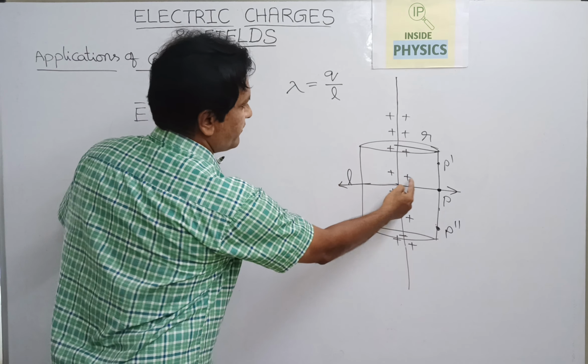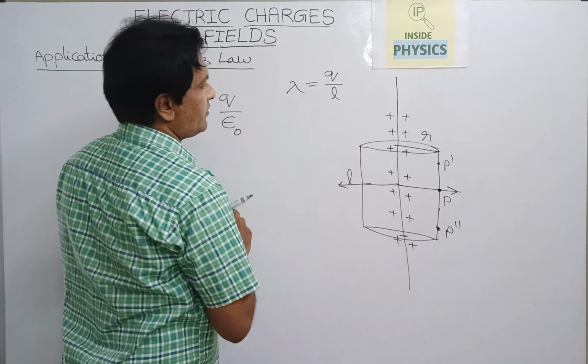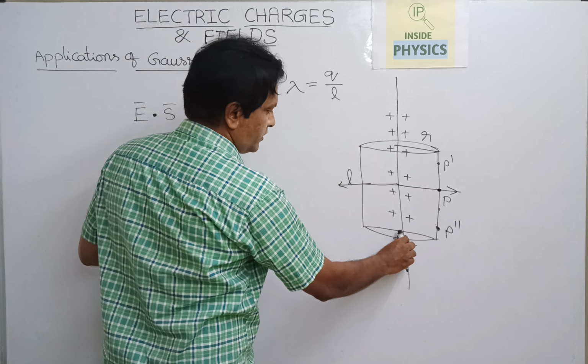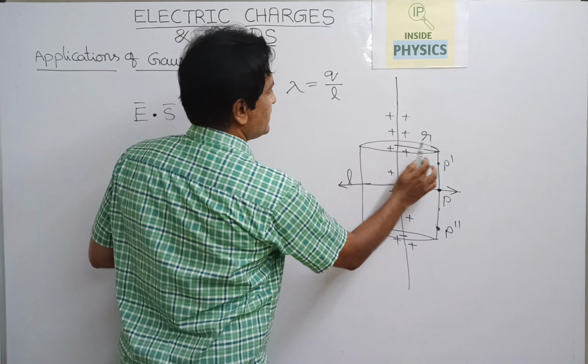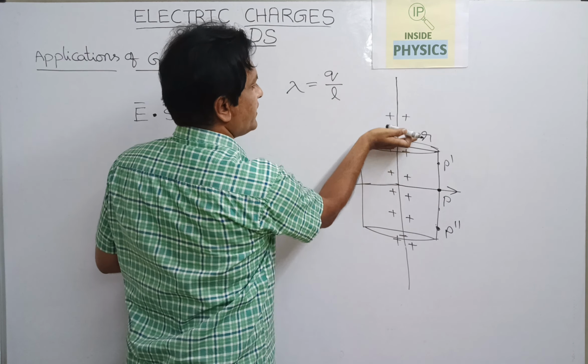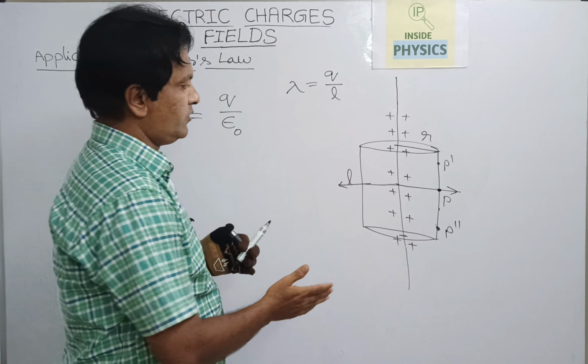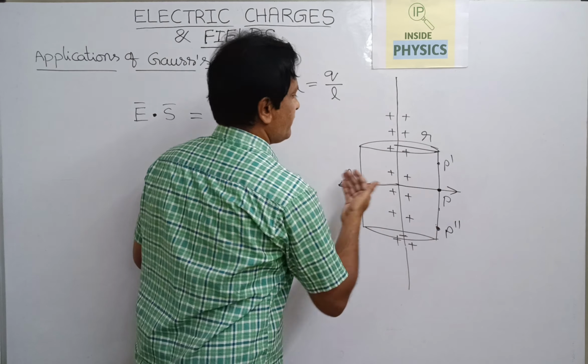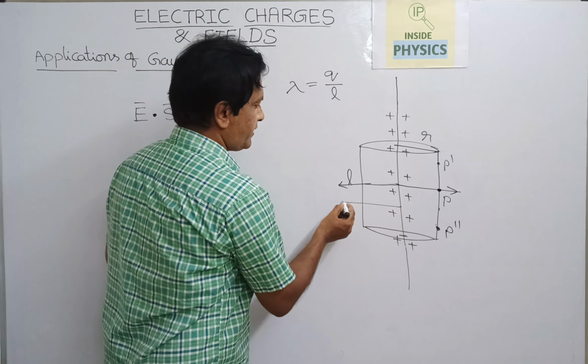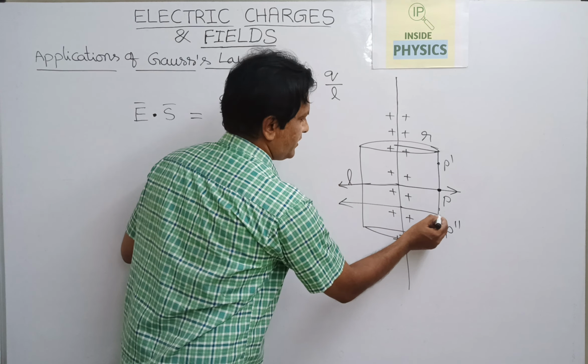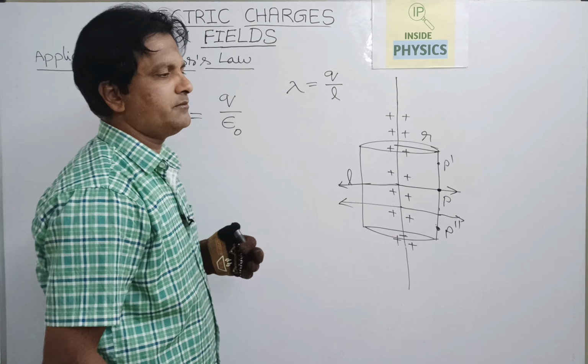The flat end surfaces do not have any electric field passing through them. Only the cylindrical surface has all the electric flux. Flux is nothing but field lines.